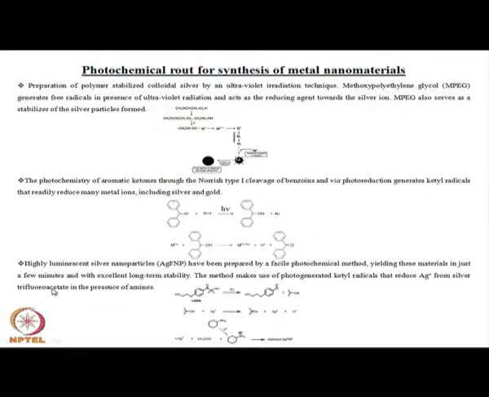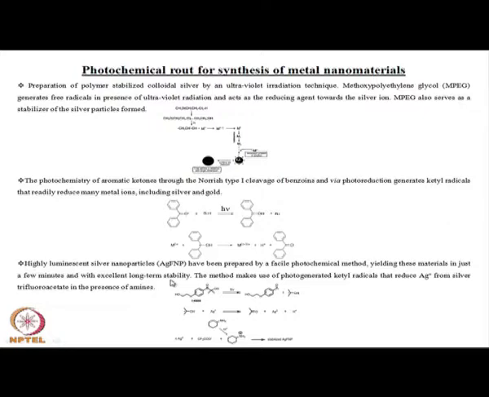And the third one, as we are more concerned with luminescent materials, is highly luminescent silver nanoparticles, AgFNP, which are fluorescent. These have been prepared by a facile photochemical method yielding these materials in just a few minutes. So, it is not taking a long time, and with excellent long term stability.